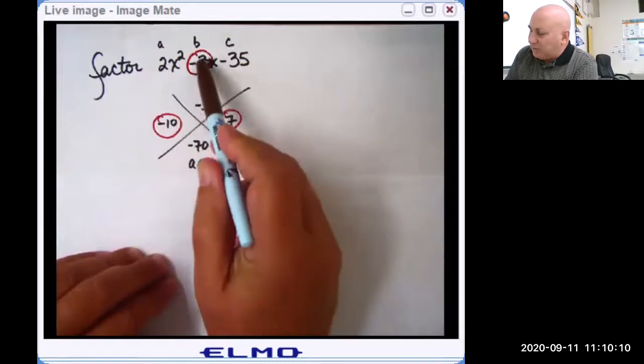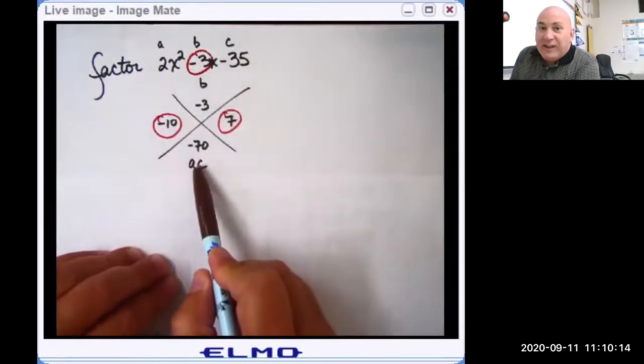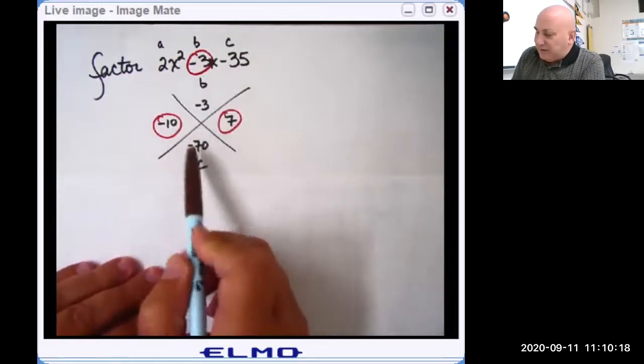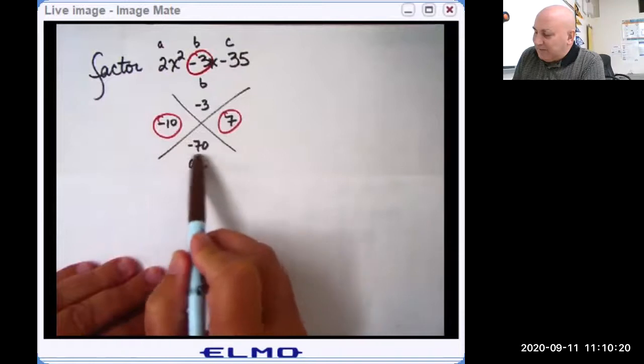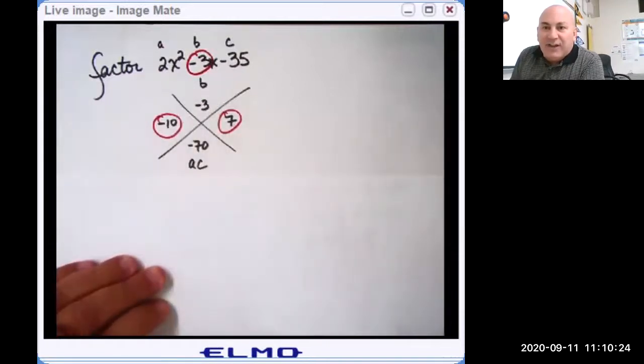So the -3 comes here, the negative 70 goes here. If there are two whole numbers that multiply to give this and add to give this, then the polynomial is factorable. If those two numbers do not exist, then it is not factorable.